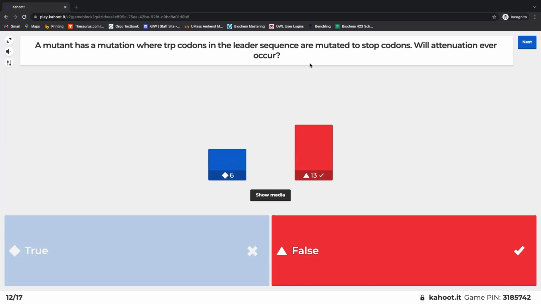When the ribosome does stall, it gives time for regions 2 and 3 to hairpin, and that prevents the 3 and 4 hairpin, and no attenuation occurs. So it's the stalling that prevents attenuation. So if we convert it into stop codons, the ribosome will always stall at the leader sequence, and it will never attenuate.